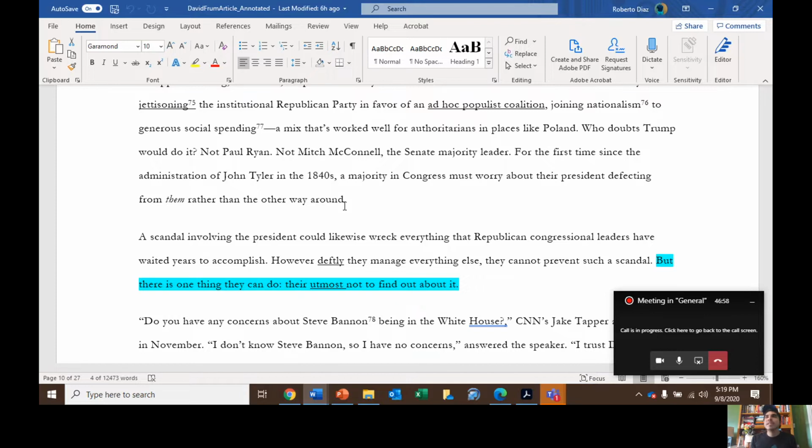And generous social spending, that's an interesting one because, as your teachers probably could attest, the financial crisis of 2008 was massive. President Obama was elected right as the economy was falling apart, and he wanted to pass an $800 billion stimulus package. Actually, it was initially a $1 trillion stimulus package.